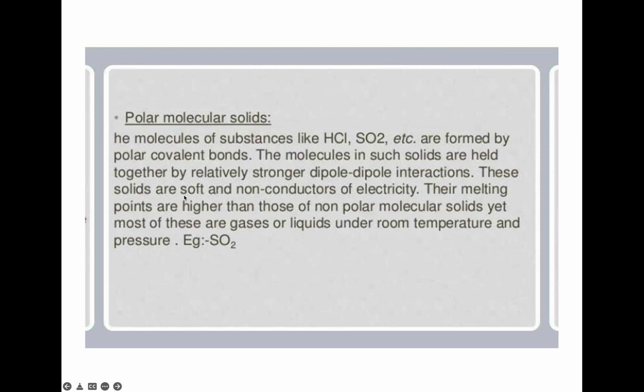These solids are soft and are non-conductors of electricity. Their melting points are higher than those of non-polar molecular solids, but most of them are gases or liquids under room temperature and pressure, like SO2. So polar molecular solids, understood? Mostly they will ask about HCl and SO2. These are all examples of polar molecular solids.